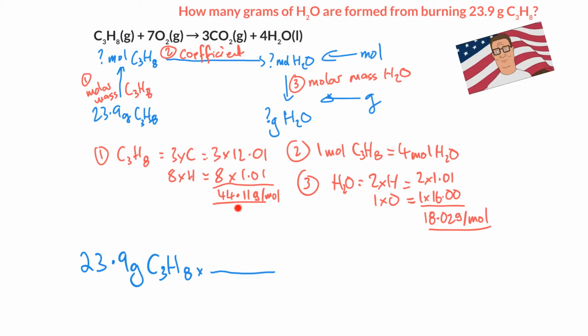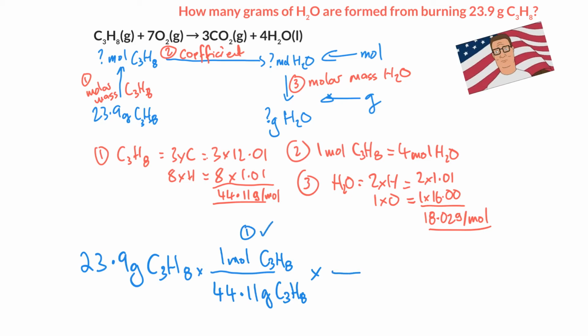So 44.11 grams is equal to a mole. Which way around do we write it? We've got grams to cancel, so we need grams on the bottom. We really want to write these units in, otherwise we're going to get into trouble later. That's 1 mole of C3H8. So that is step 1.